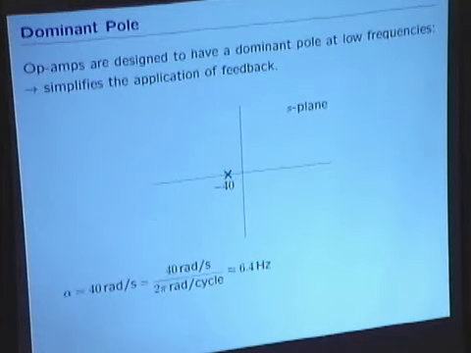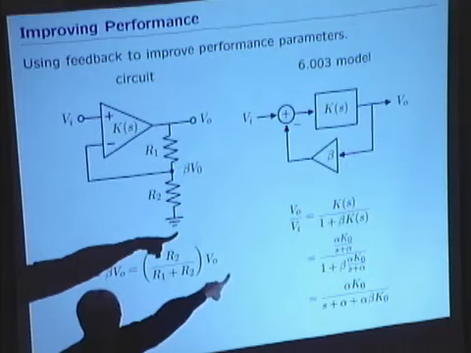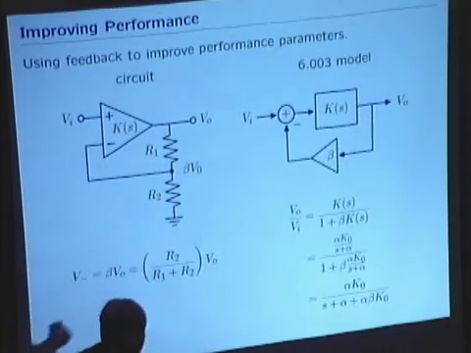So then, as we've already seen, the op-amp by itself looks like a pole at minus 40. So we can substitute this expression into that expression for the closed loop, and we get a new closed loop.